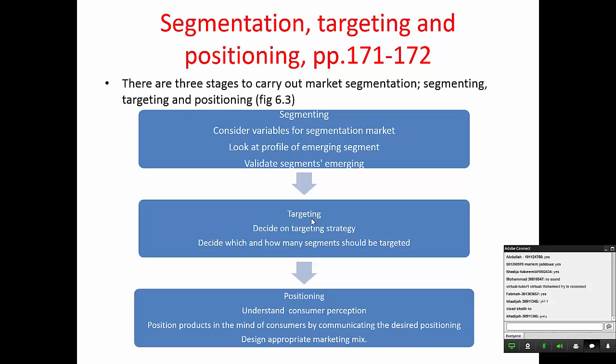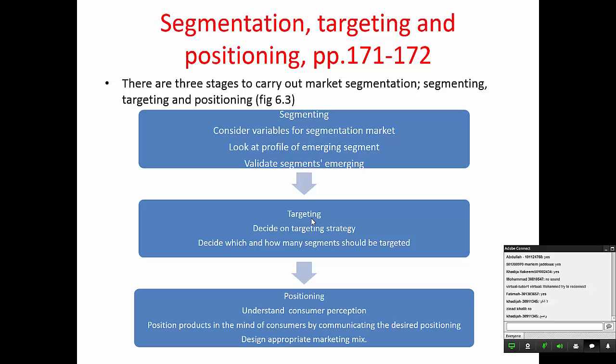After we do the targeting, after we decide which group we want to sell our products to, we need to put our product in a certain position among all the other competitors. Because you know that in the market we have different products that are similar to each other. Like for example the iPhone.